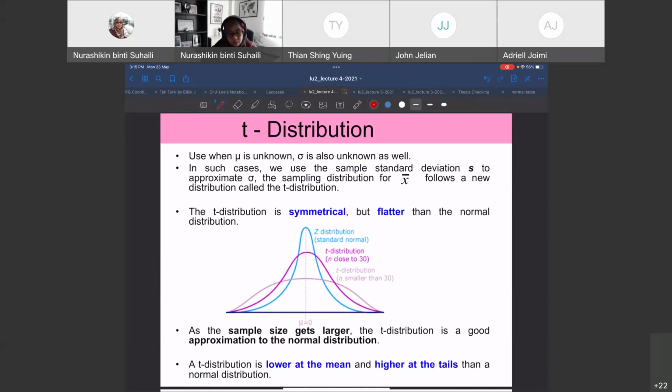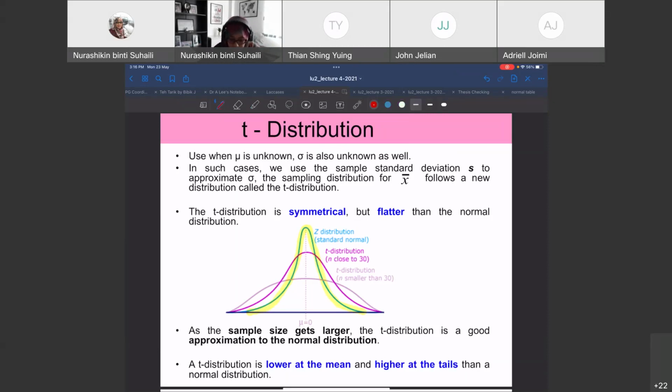Okay, so the T distribution is symmetrical but flatter than the normal distribution. The shape is still a bell-shaped curve, but in terms of height, it is much flatter than the normal distribution, meaning lower than the Z distribution.